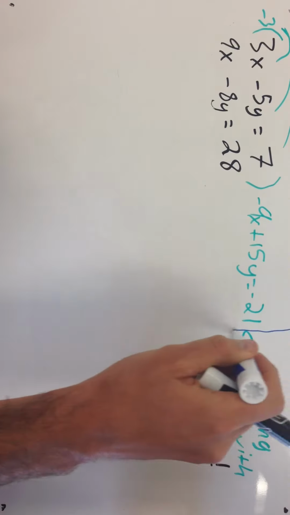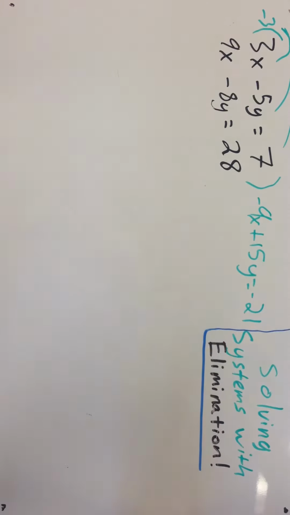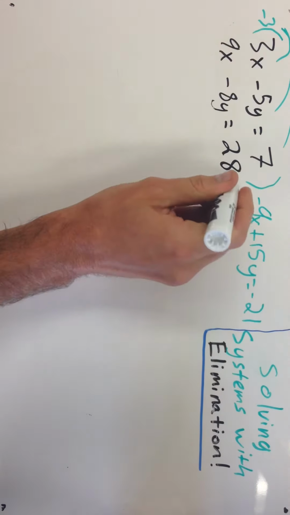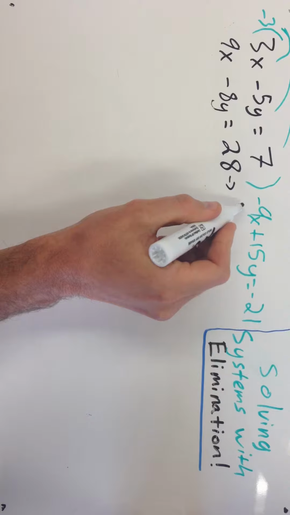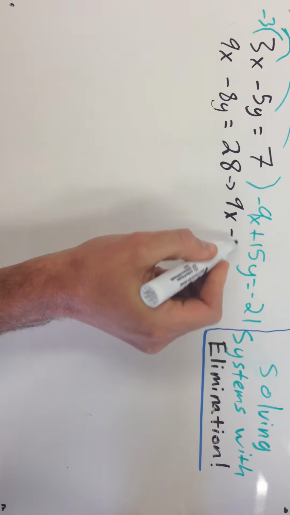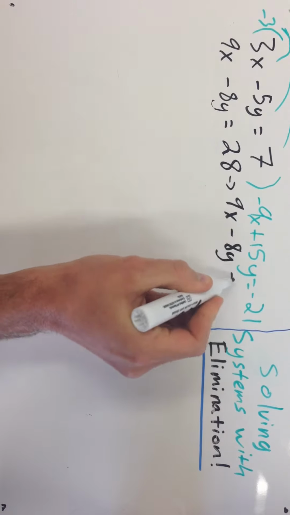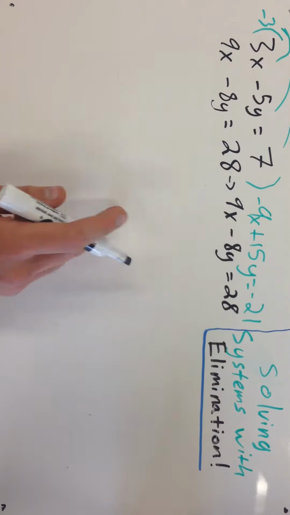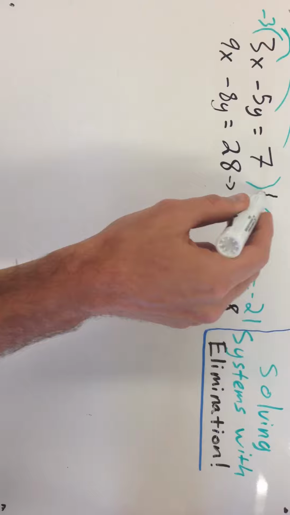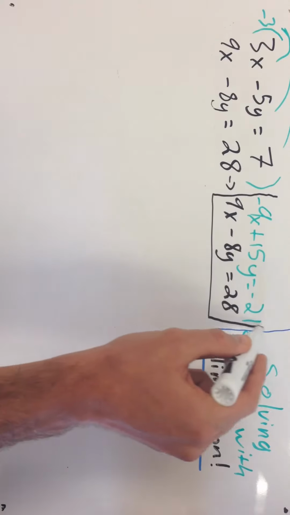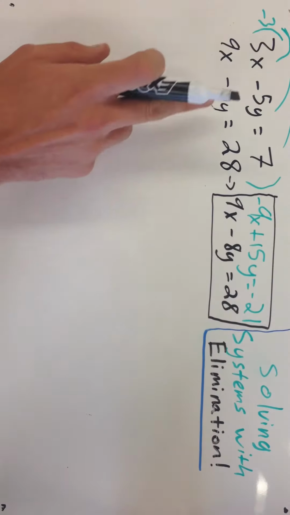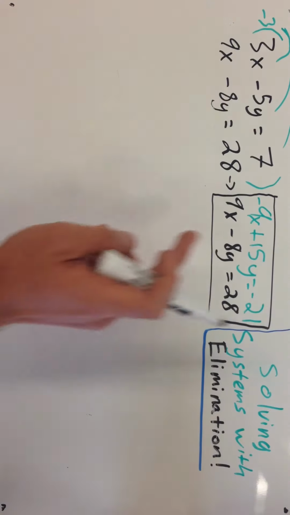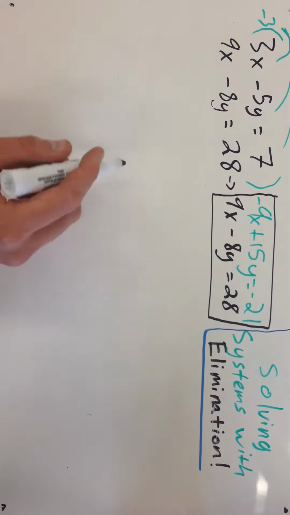Let me just put a box around our title. I'm going to carry over this equation, and it's going to be 9x minus 8y equals 28. See, we only had to change one of our equations. So this is our new system of equations we're going to solve. All we had to do is manipulate that first one to make it a negative 9. Now I can see those things are going to cancel.